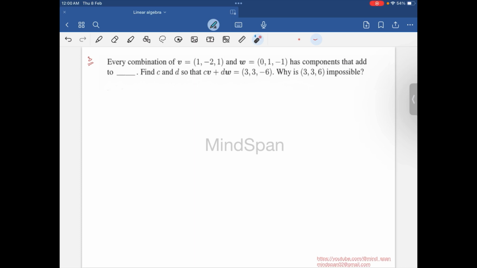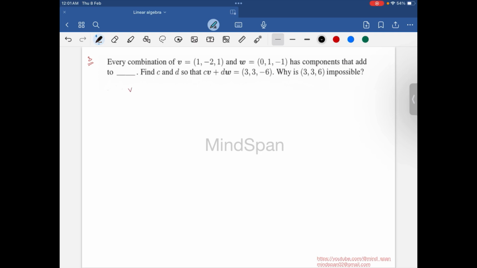Every combination of v and w has components that add to... So what we have to add is the components of v and w. So how can you take every combination of v, right? Let's suppose you have v.